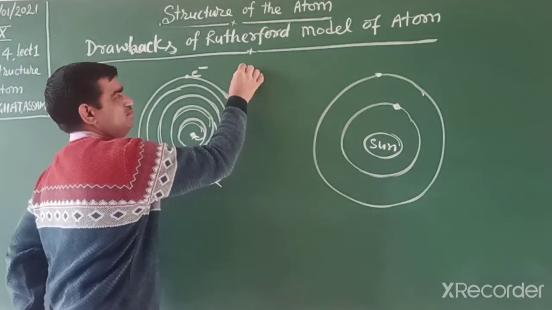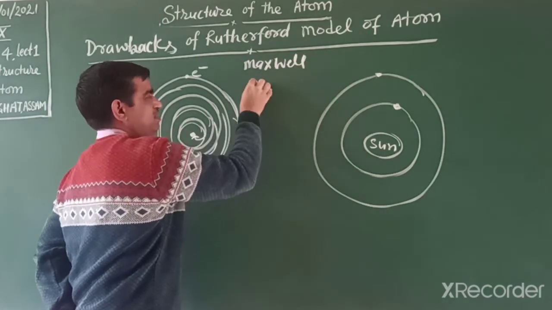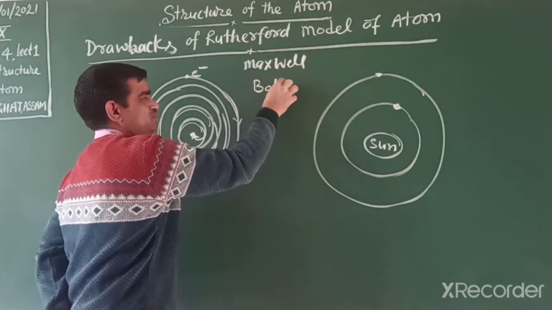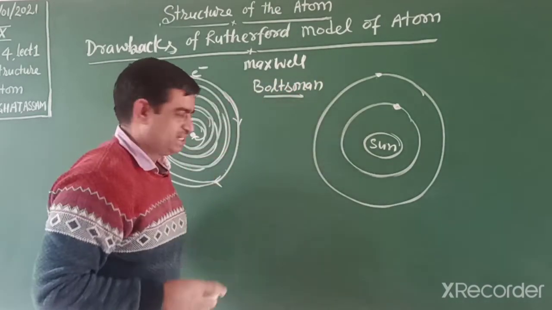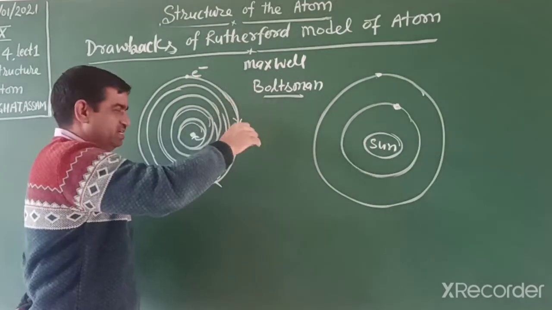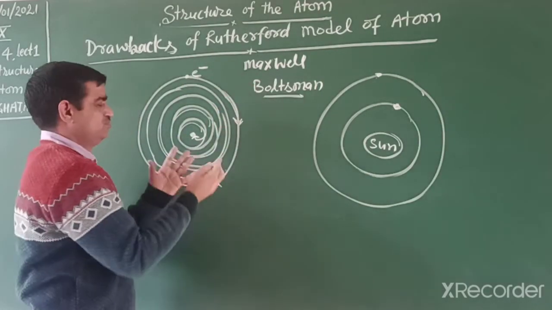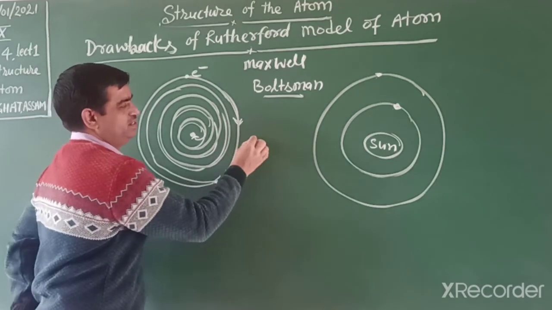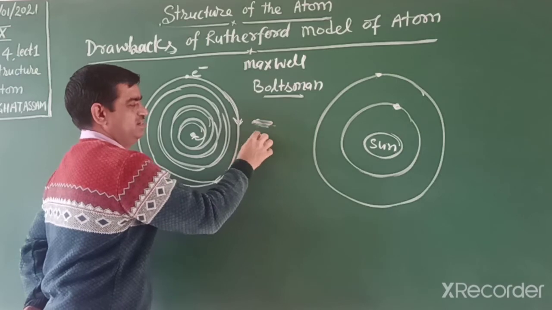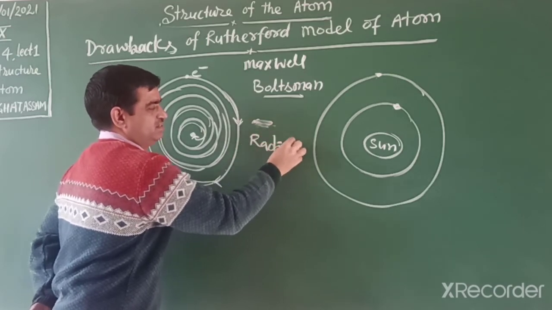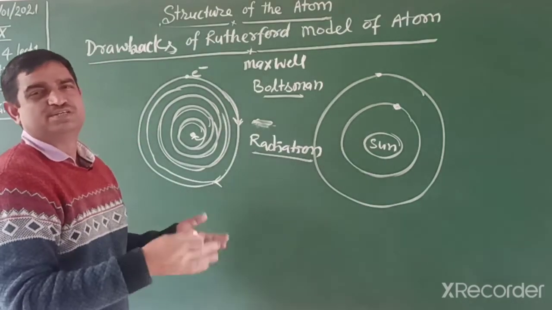According to the scientist Maxwell, if a charged object revolves around, it accelerates due to change in direction, and energy is released as radiation, like alpha, beta, gamma.